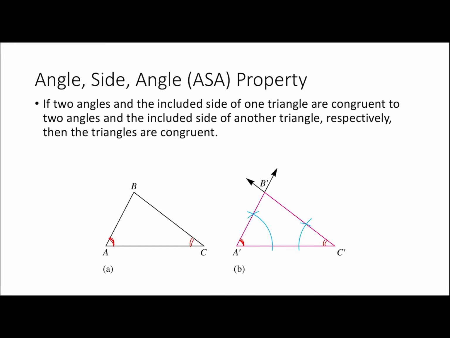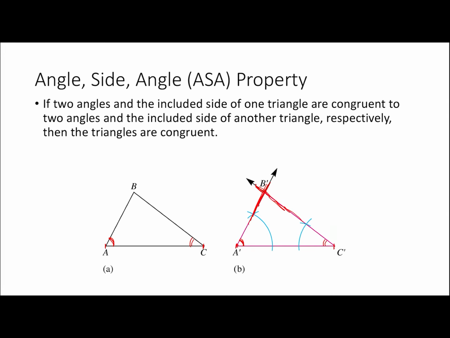Had we talked about that, though, then we would see that if you were to take the measure of angle A in this triangle and construct it, you would get this angle A prime. And if you were to take the measure of angle C and construct it, again using a compass, then you would get angle C prime.